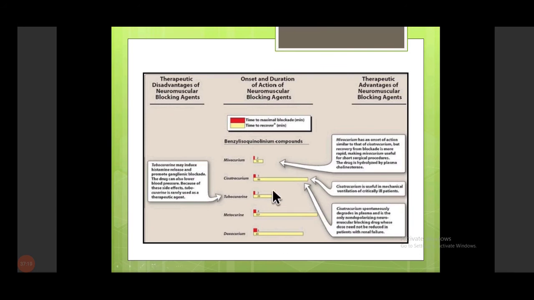Whereas in case of cisatracurium, the duration of action or time to recovery is considerably more. So it can be used in procedures where a longer duration of skeletal muscle relaxation is advised, for example, mechanical ventilation in critically ill patients. Also, the added advantage of cisatracurium and atracurium is spontaneous degeneration, Hofmann's elimination, so they are also preferred in patients with renal failure.